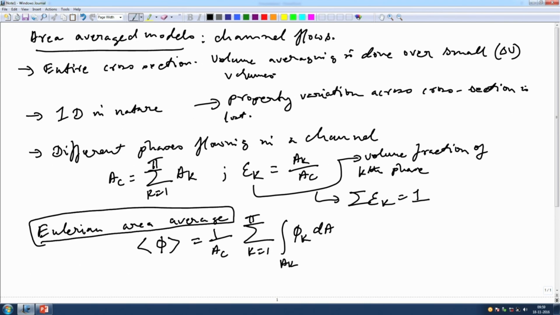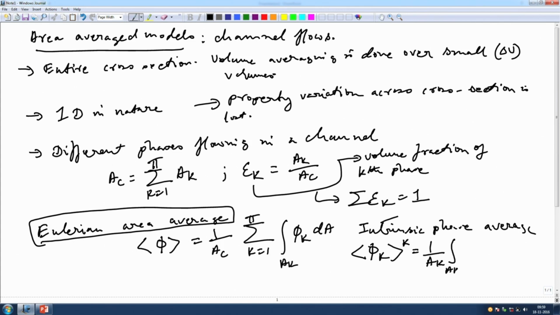If you recall what intrinsic averaging was, the intrinsic phase average is given by, if you recall the notations from the earlier classes, this. So, that is the intrinsic phase averaging.